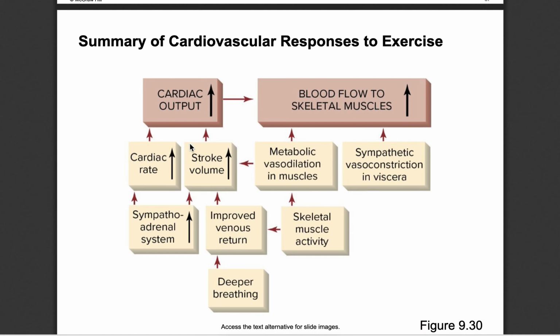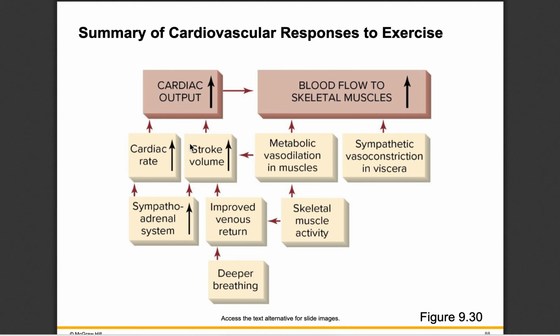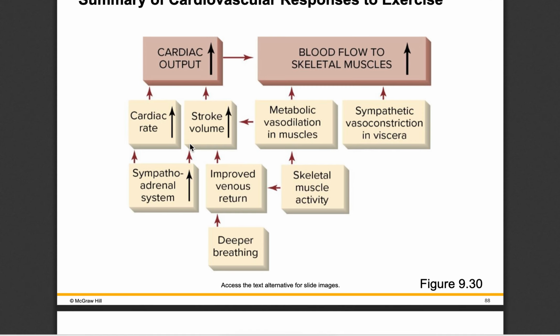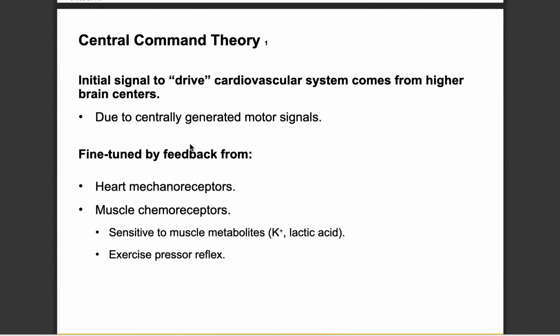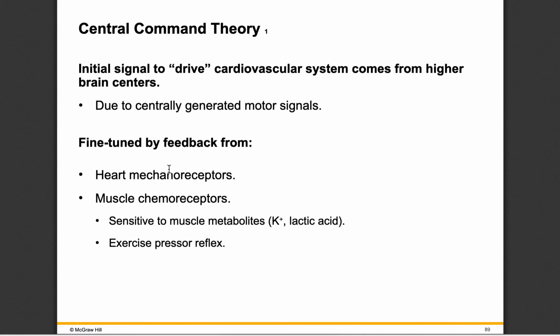And so at the end, really it's a summary of our cardiovascular response to exercise, from cardiac output and blood flow. And you should be able to start connecting all of these pieces and how they would fit into that Fick equation, cardiac output equation, and what these look like. I think this is getting close to the last thing, which is this central command theory, that basically initial signals for the cardiovascular system are driven by our brain.